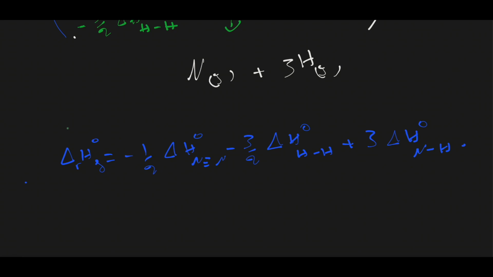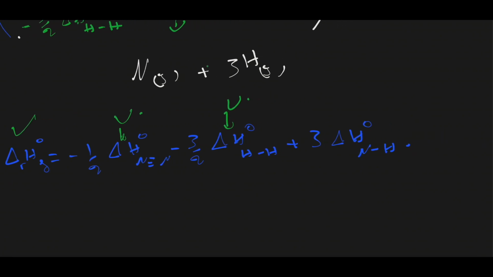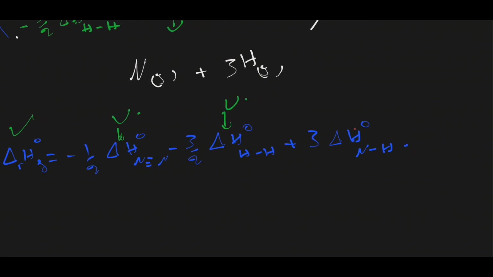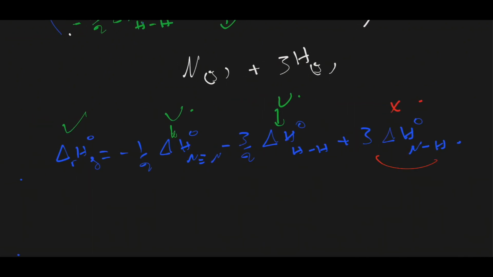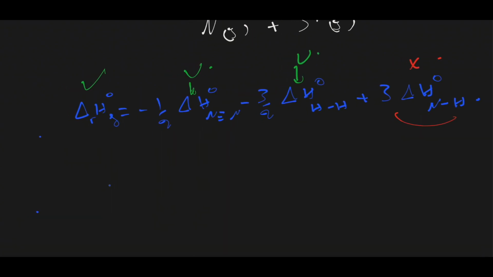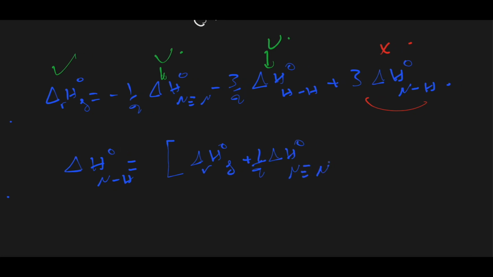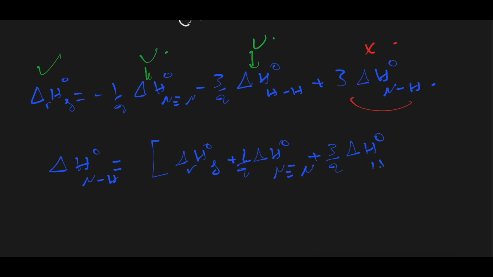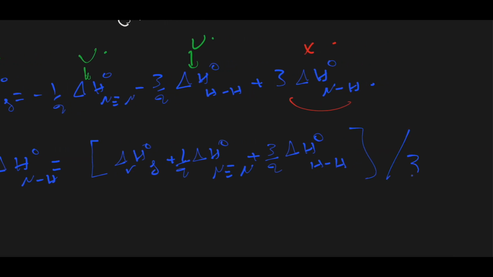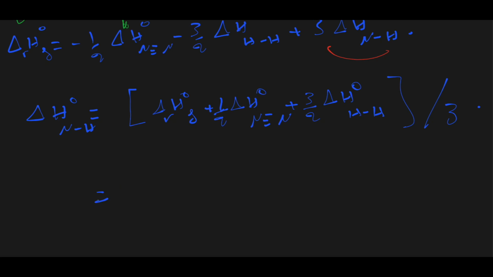Now this enthalpy is known. The same thing, this bond energy is known and this bond energy is known. We have only the bond energy of NH that is not known. So we can obtain this bond energy. Now we plug the values in.